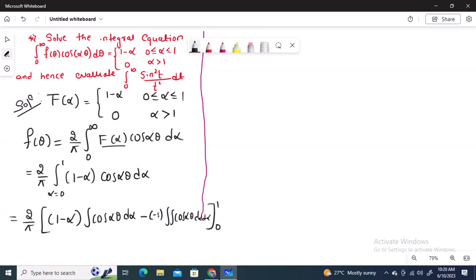So then if we simplify this further, 2 by pi, 1 minus alpha as it is, the integration of cos alpha theta is sine alpha theta divided by theta, since we are integrating with respect to alpha, so theta is the coefficient.